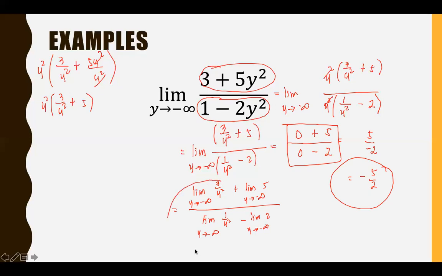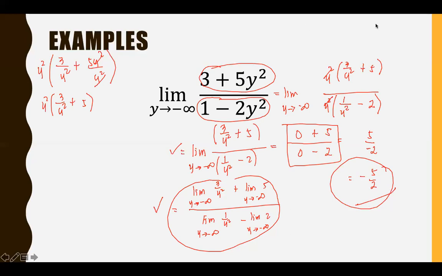You can do this because technically we know that this is 0 plus 5, this is still 0 minus 2, so you get it automatically. So it's okay if you have this step, or if you proceed right away to this, so long as you understand the concept. So again, the answer here is negative 5 over 2.